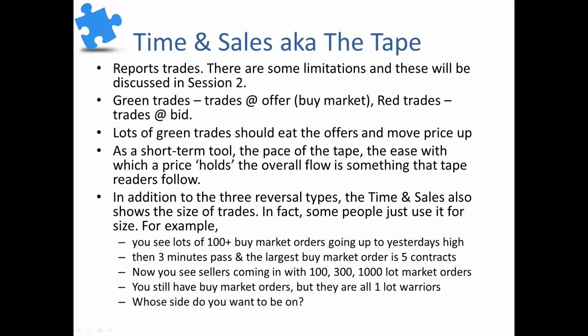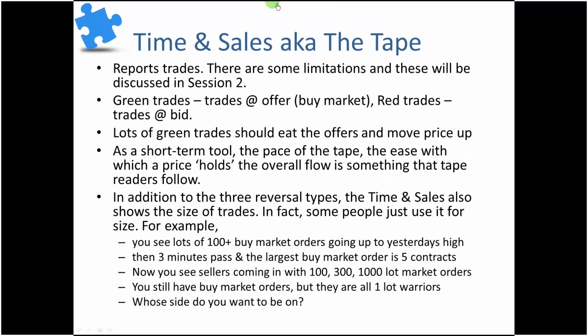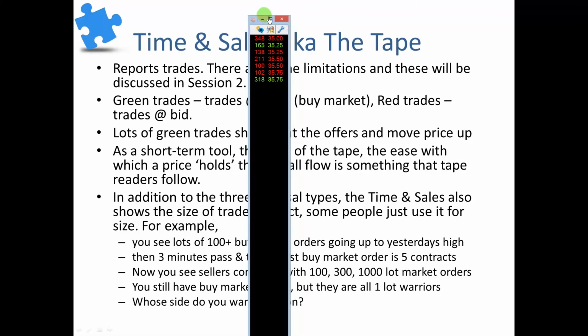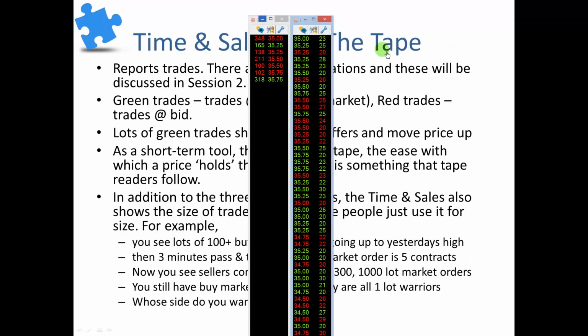Let's just bring across the time and sales. There are 2 time and sales here. One is showing all trades, and one is showing just the large trades. One of the things about time and sales is that it shows the time of the trade and the full price.